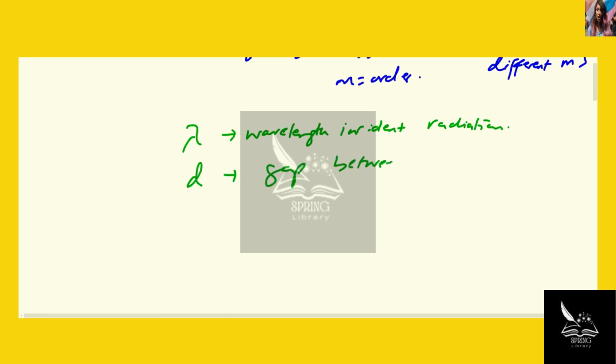So assume that lambda is the wavelength of the incident radiation, and d is the gap between the planes. It can be a crystal planes, but this is the reflecting planes. That's the gap.